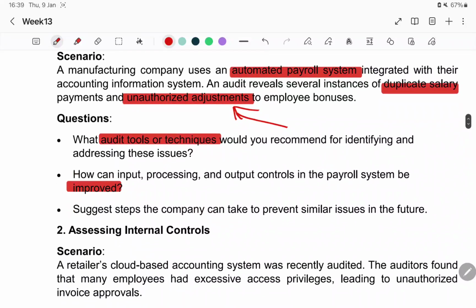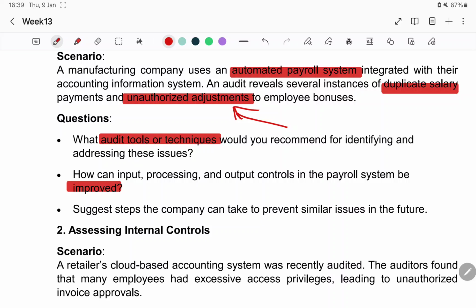Okay, this is a good question, right? In the final exam, you may come across this kind of question. If they tell you to check the threats and then recommend the control, how many controls should you give, or how many threats should you identify?